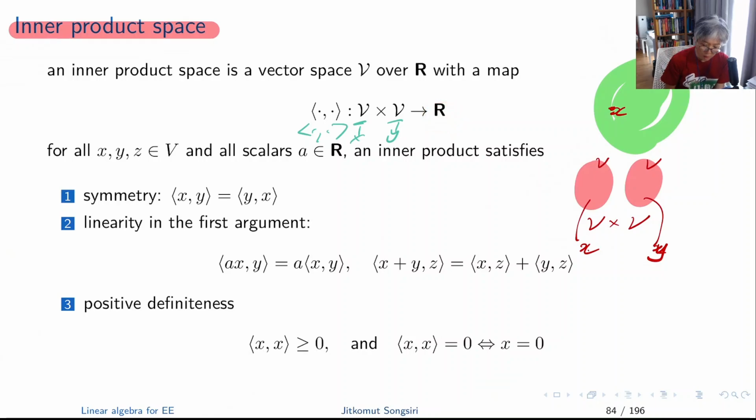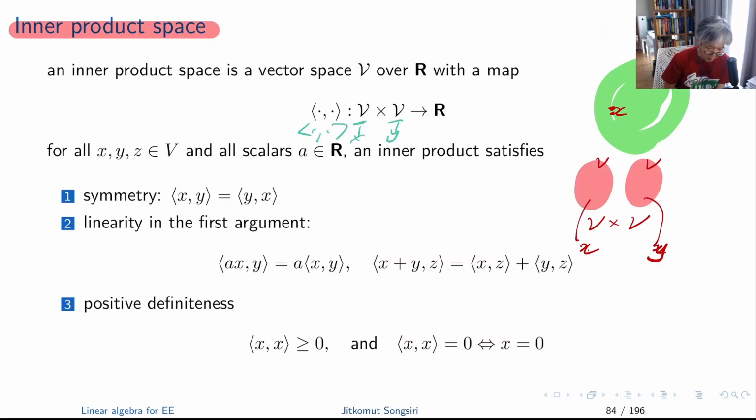In order for this transformation to be a mapping that is called inner product, it satisfies one, two, three properties. The first property is that the mapping rule is symmetric in the arguments. Inner product between x and y and between y and x has to be equal.